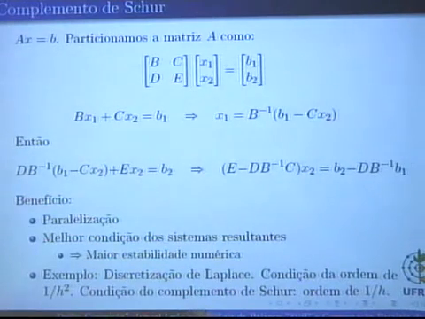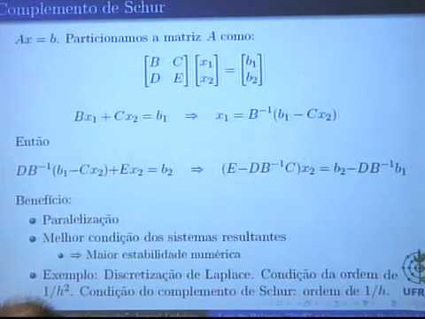It's a well-known technique called Schur complements, where you have a linear system. You partition the matrix A like this, B, C, D, E, where B and E are square matrices. You assume that the linear systems associated with B and E have solutions.